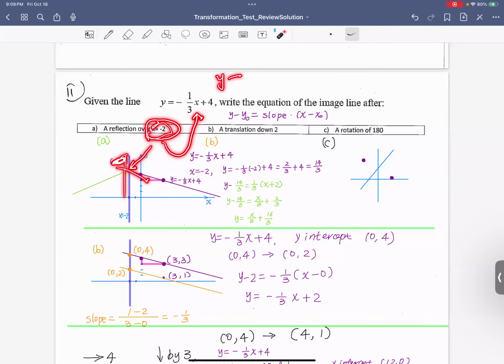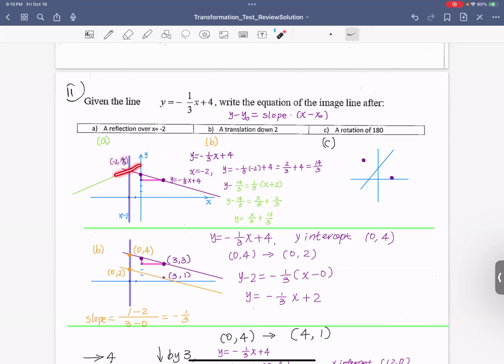So the y position will be -1/3 times -2, then plus 4, right? Which is 2 over 3 plus 4. Yes, okay. So you have 2 over 3 plus 4, which is 14 over 3. So that is your point location, right? You pass through (-2, 14/3).